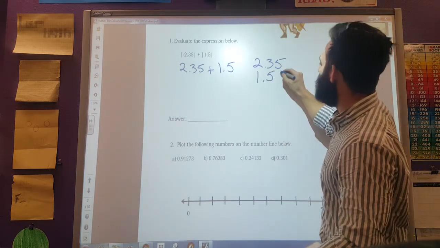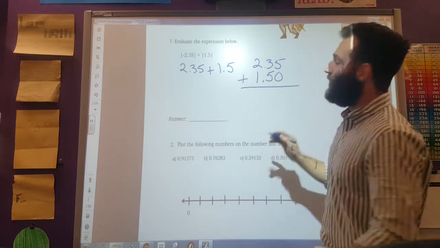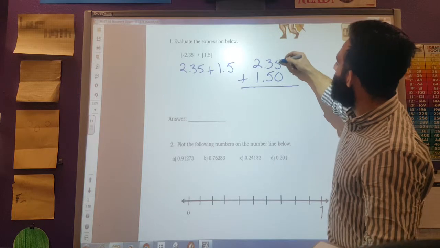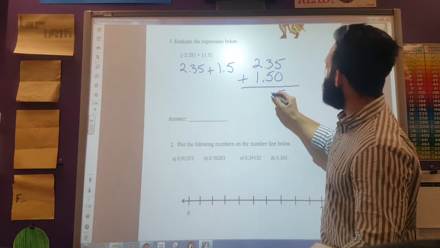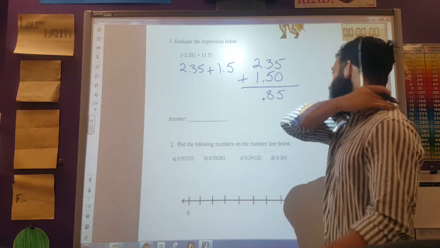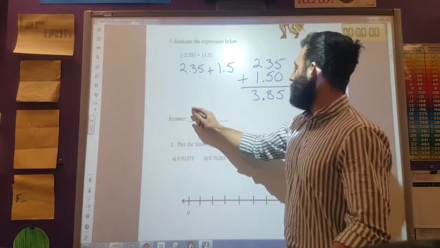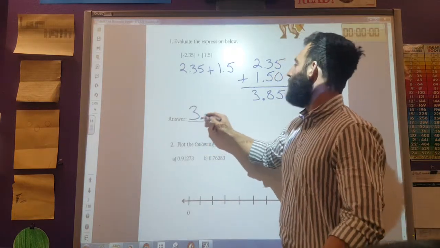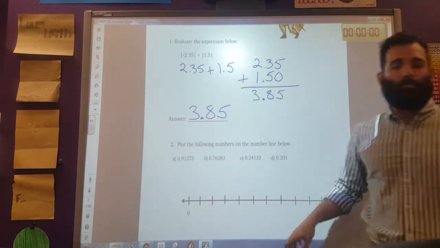Now I'm going to add the 0 to the end of 1 and 5 tenths just so I can fill in my digits. Now I've got 5 plus 0 is 5, 3 plus 5 is 8, and I bring down my decimal. And now I add 2 plus 1 to give me 3. So the expression is equal to 3 and 85 hundredths.